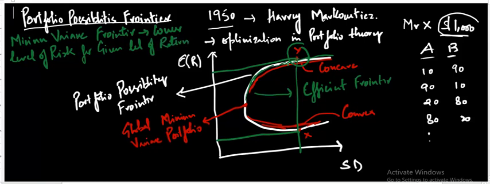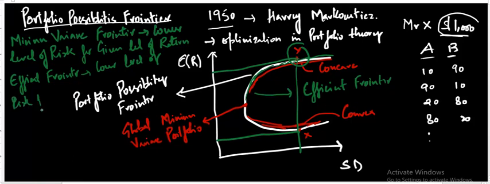Now what does the efficient frontier mean? The efficient frontier has two things. First, it gives us the lower level of risk for a given level of return.